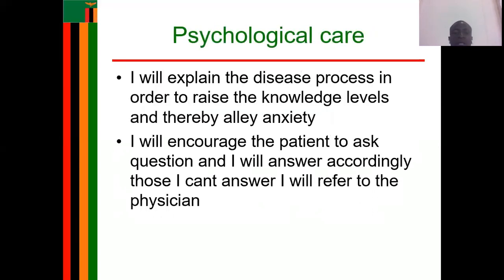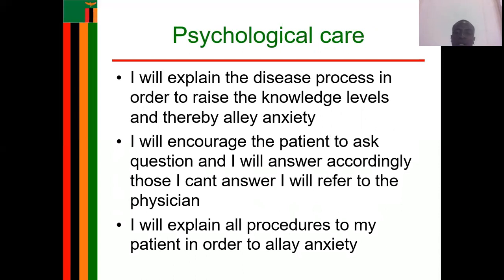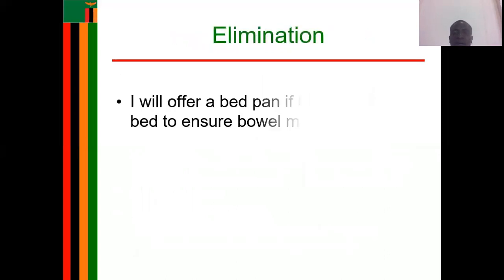Psychological care: educate the patient on the disease to raise the knowledge level, thereby allaying anxiety. Encourage the patient to ask questions and answer accordingly; those you cannot answer, refer to the physician. Explain all procedures to the patient to allay anxiety.